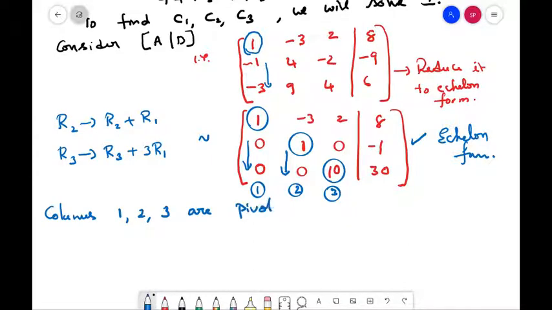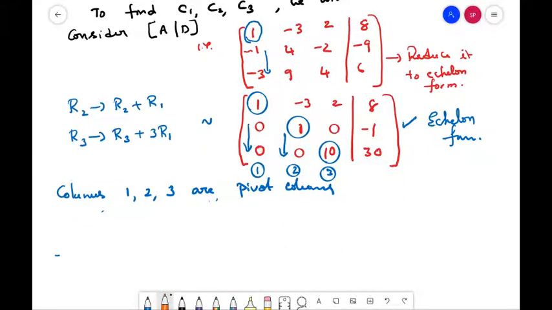I am not using C1, C2, C3 for them because I have already used C1, C2, C3 here. So now we have these 3 pivot columns. Here we need not concentrate on whether there are basic variables or free variables, because you are not concluding linear independence or dependence, but you have to find out the values of C1, C2, C3. So to find the values of C1, C2, C3, we will rewrite the equations.